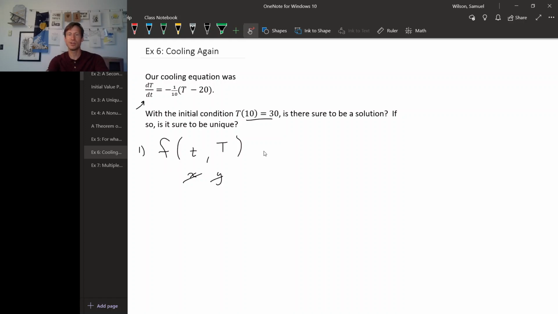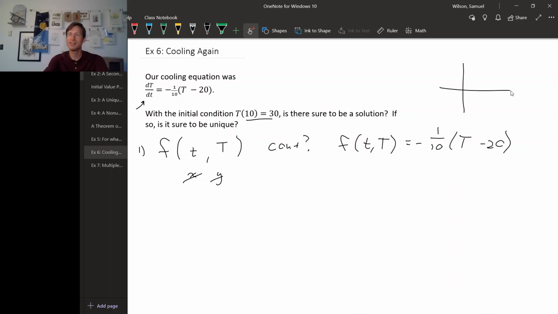where this function is continuous. The function we're talking about is f of little t and capital T equals minus 1 over 10 times capital T minus 20. Where in the little t, capital T plane is this function continuous?